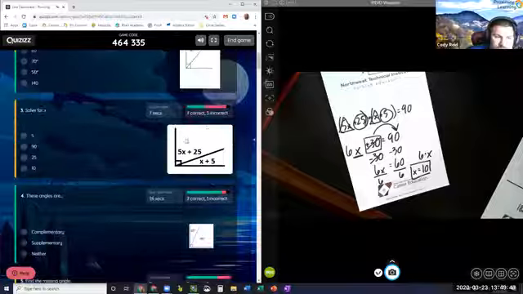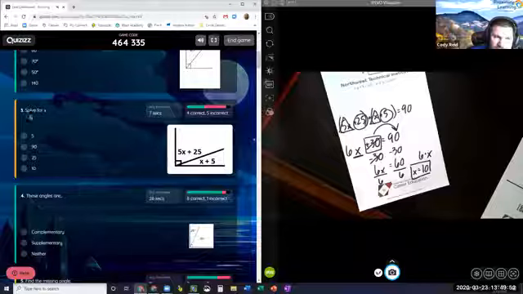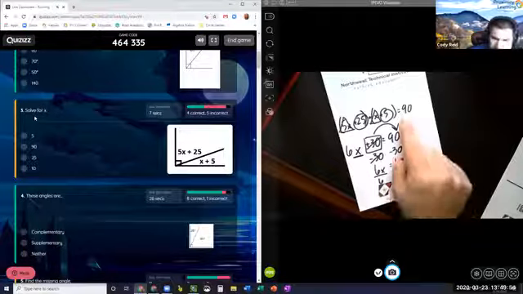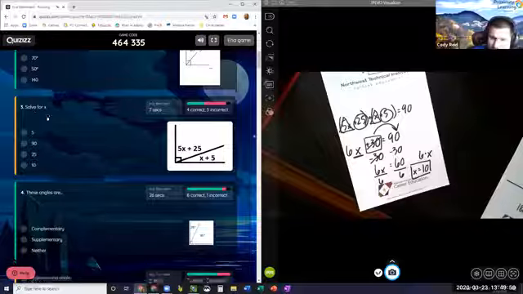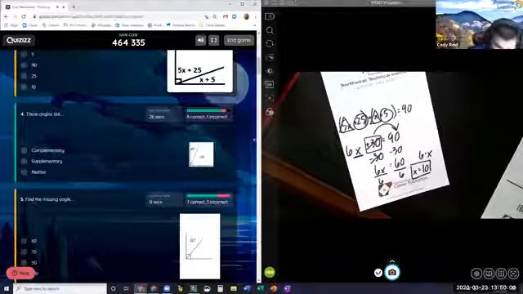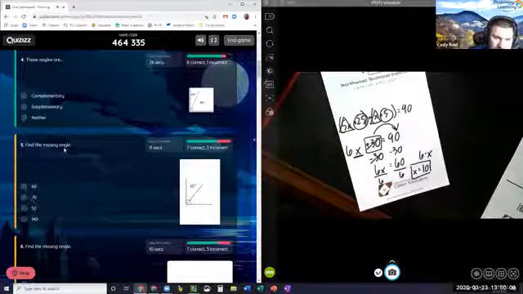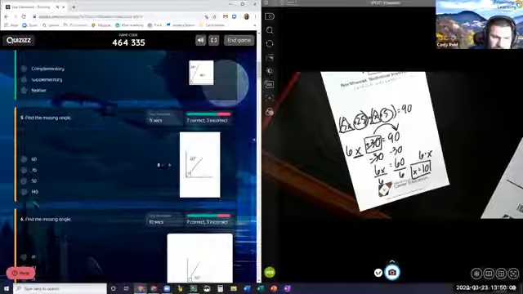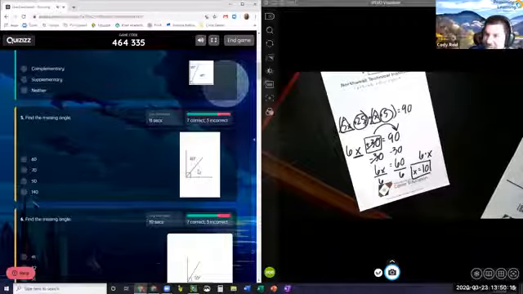So anytime you get a complementary angle and it says solve for x, remember to set it equal to 90 and solve for x. If it does not say solve for x, but it says find the missing angle, you're just going to figure out, okay, if it's 40 degrees, 40 plus what equals 90?